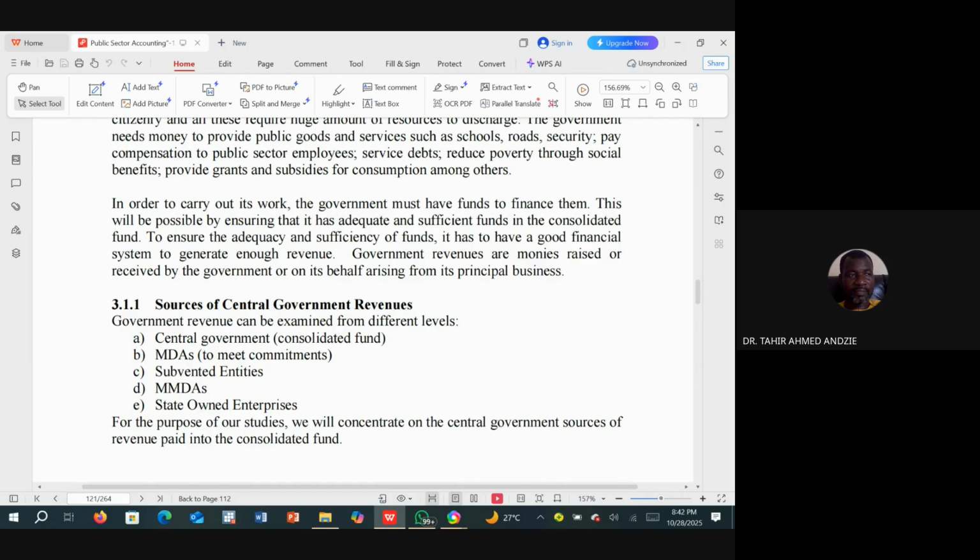To ensure the adequacy and sufficiency of funds, it has to have a good financial system to generate enough revenue.